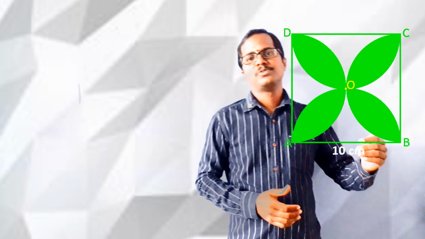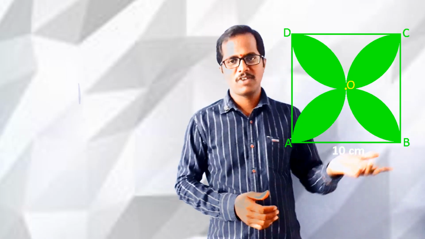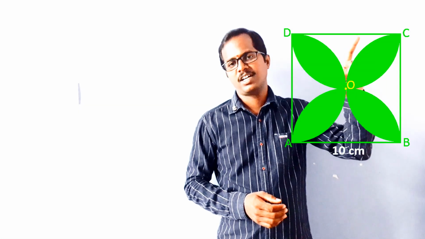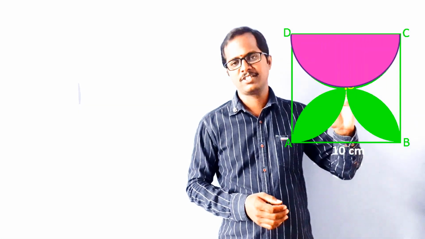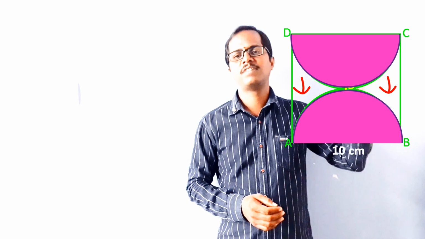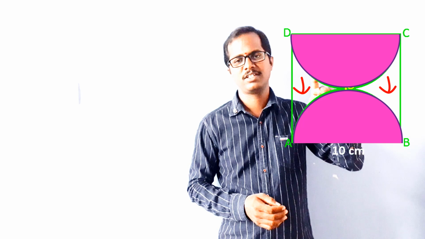And we can also do the same problem in one more way. In this total figure, let us first find the area of the square. Then from this area of the square, subtract the area of these two semicircles so that you get the area of the two unshaded portions.